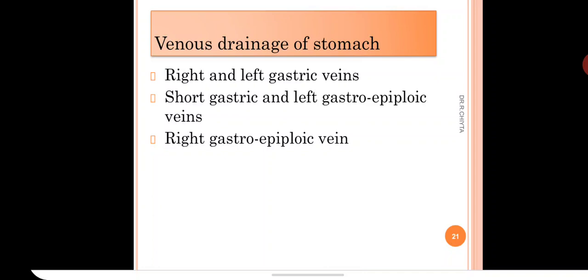Rupture of these varices results in hematemesis, or blood vomiting. So the left gastric vein is one site of the portacaval anastomosis.